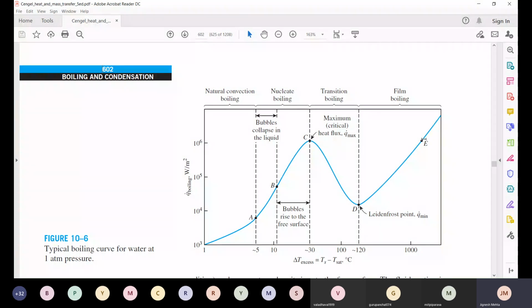If your metal is such that it is able to withstand this temperature, beyond this is 1000, and this is a log scale, if it is able to withstand such a high temperature, then you will jump from C to E, and you can increase the heat flux further, and you will get the temperature difference corresponding to what you see on the horizontal axis. So you won't be able to get the points in this area if it is a heat flux controlled experiment.